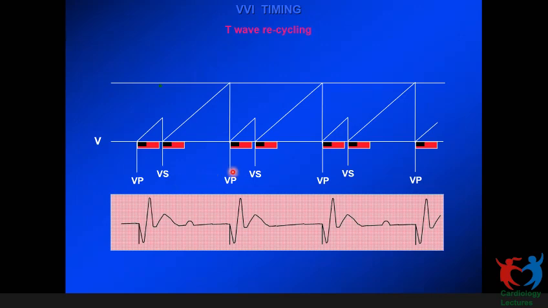But because I'm pacing, let's say 300 milliseconds later, if your lower rate is 60 and the interval is 1000 milliseconds, then we are actually pacing the patient at an interval of 1300 milliseconds, which could be bradycardia for this patient. So that is T wave oversensing.